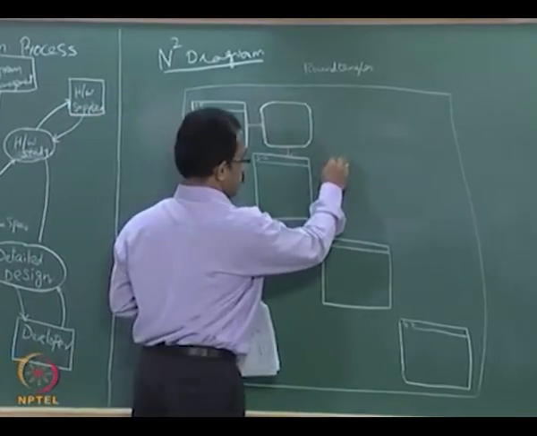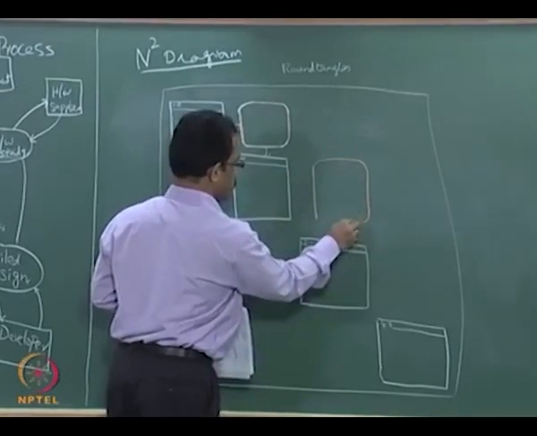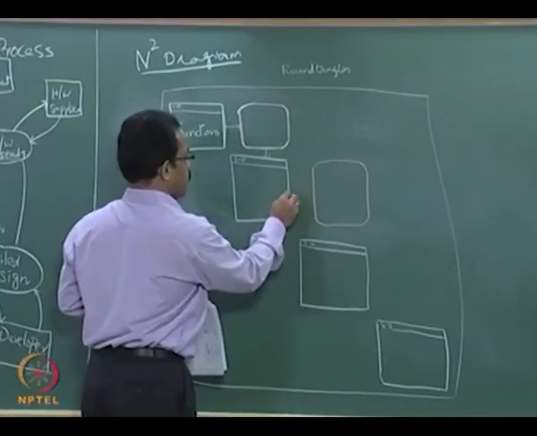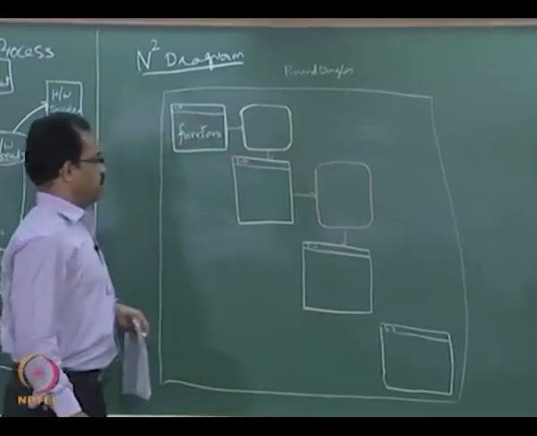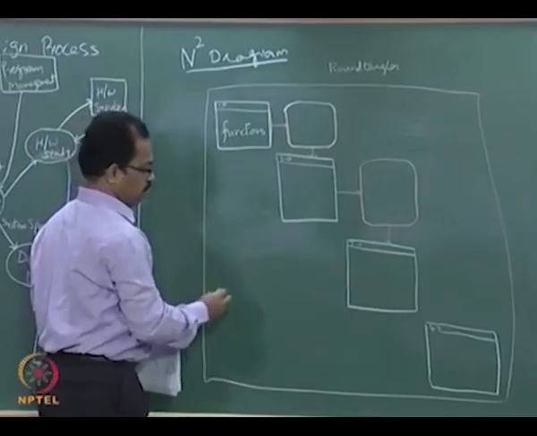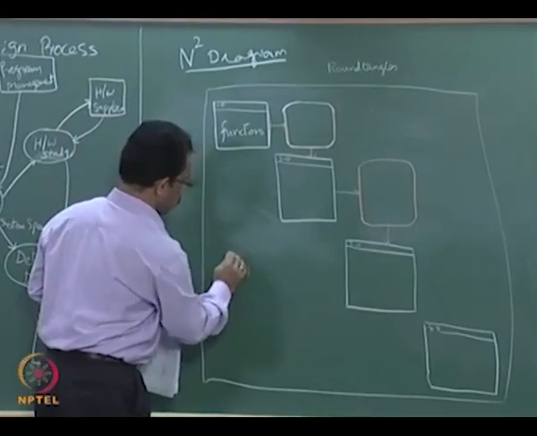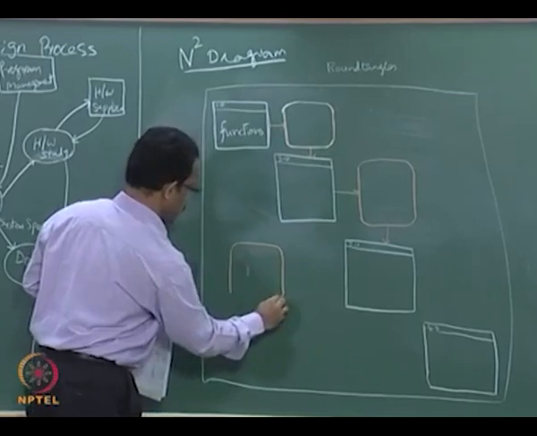Similarly, you can have round tangles which represent the interaction between these functions, and whenever there is feedback from this function to the other function, it is represented like this. Again we use round tangles to represent the interaction.